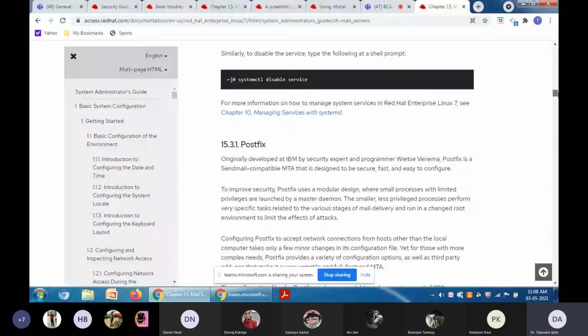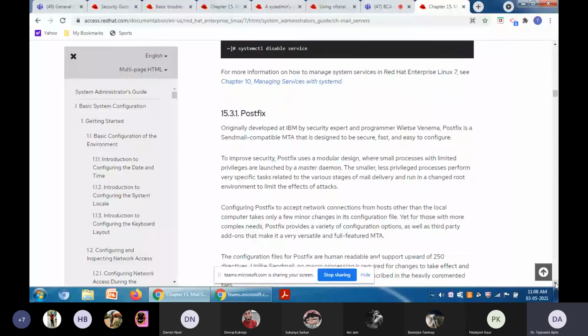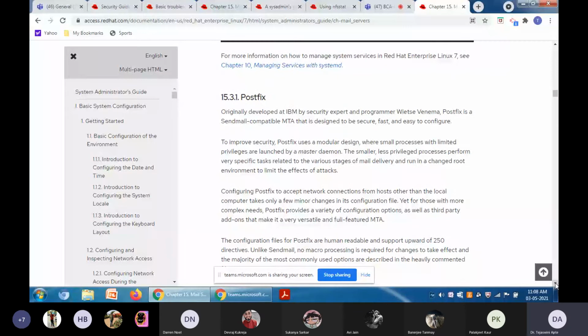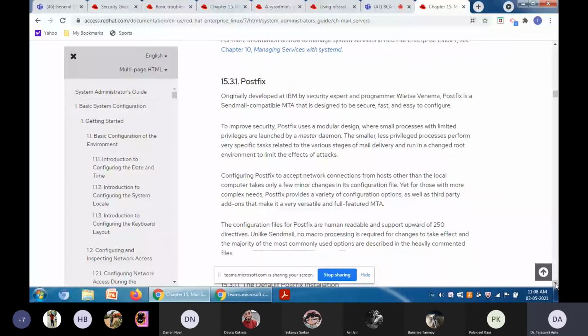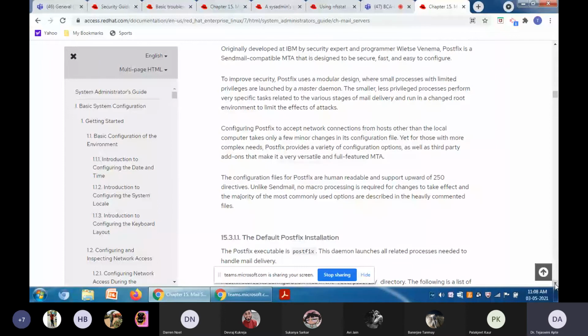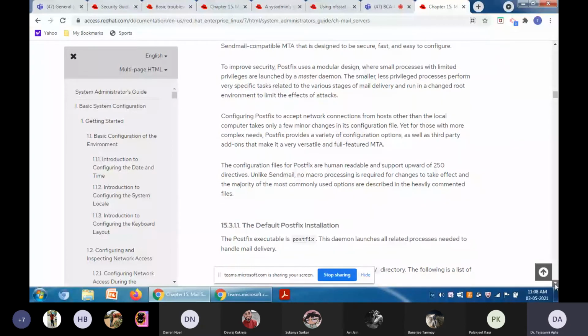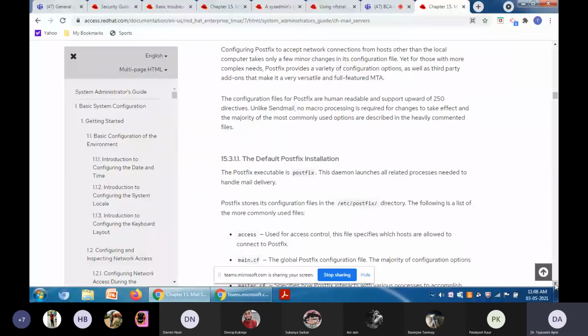Whenever you take care of the mail server, please focus on what I'm saying. The mail server is going to have different kinds of agents. One is MTA, which is named as the mail transfer agent, and one is MUA, which is named as the mail user agent, and the next is MDA, which is named as the mail delivery agent, right?